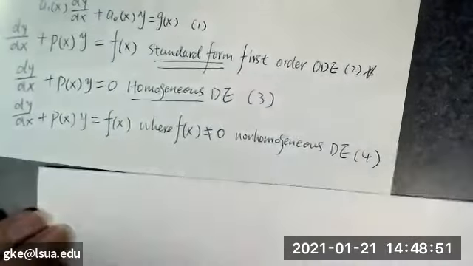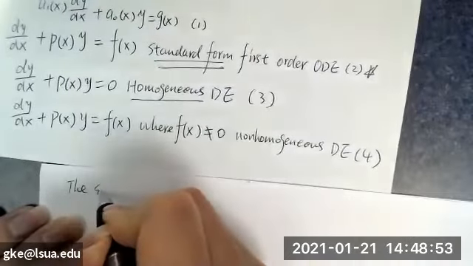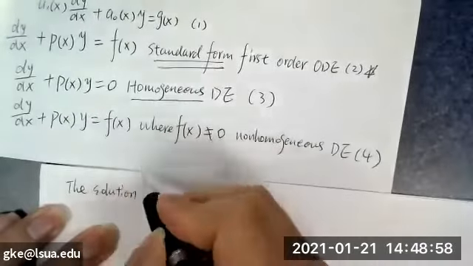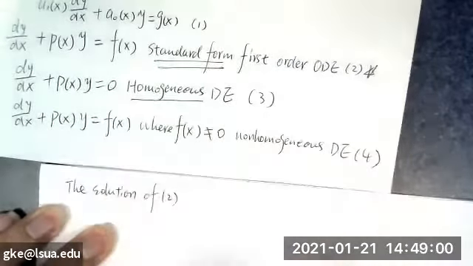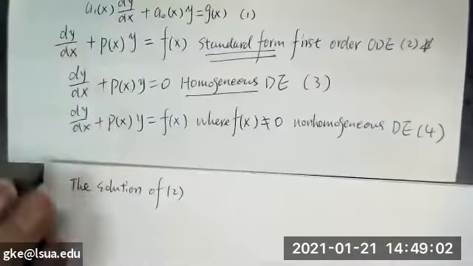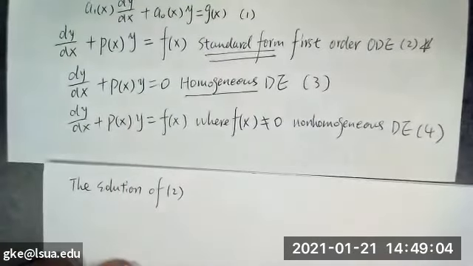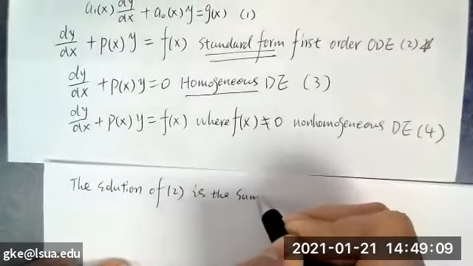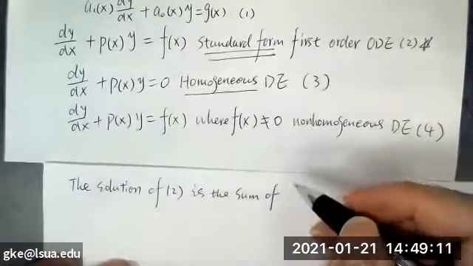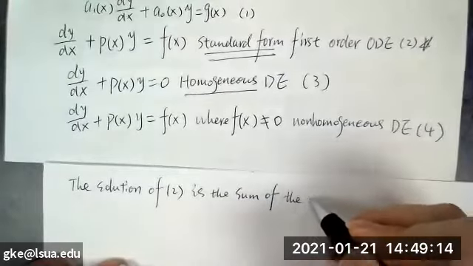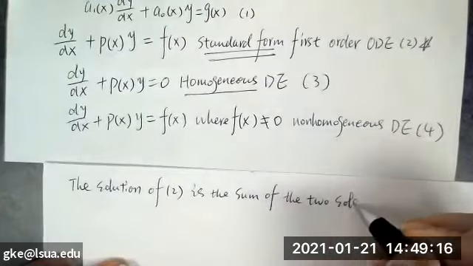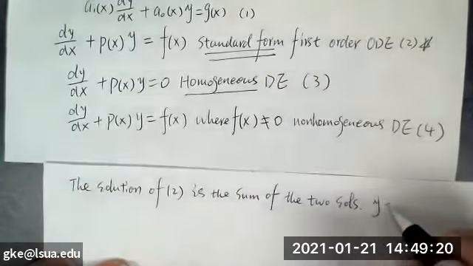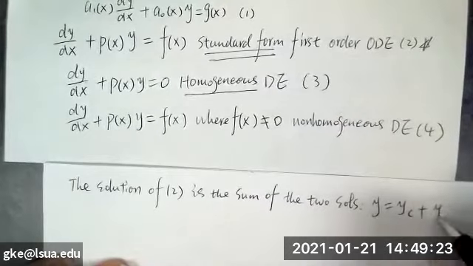I'm gonna write down here: the solution of 2 is the sum of 2 solutions. And these 2 solutions can be written as y equals yc plus yp.